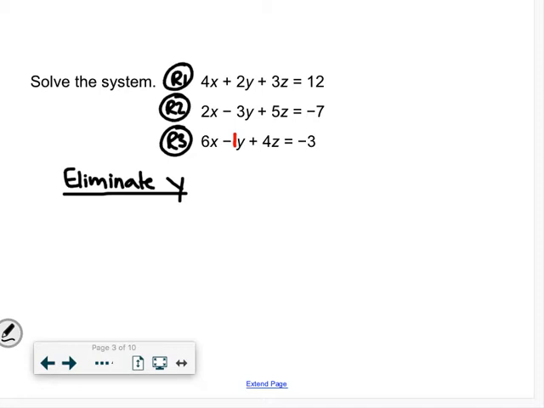So I'm going to do R3 and R2. In order for y to eliminate, what must I do to row 3? If I multiply it by 3, then it will also be negative 3. So then I have to multiply it by a negative 3.